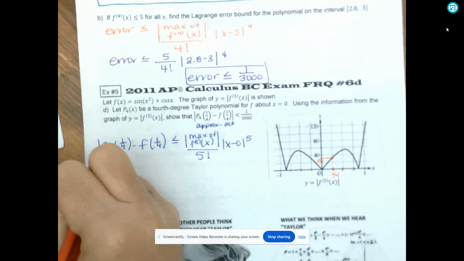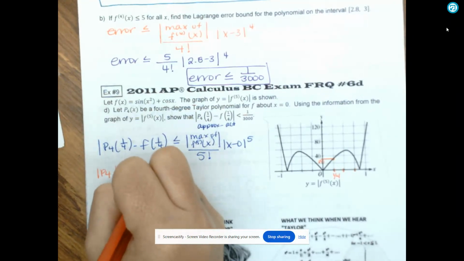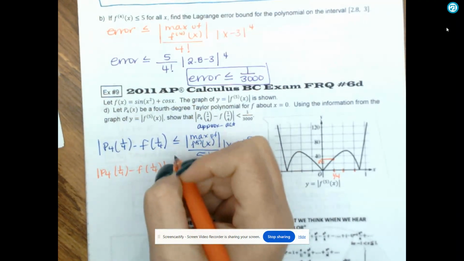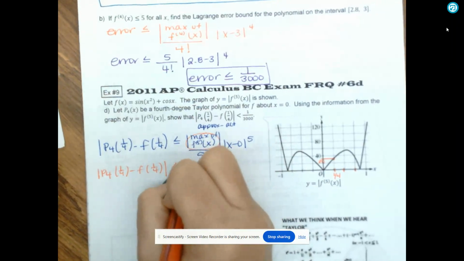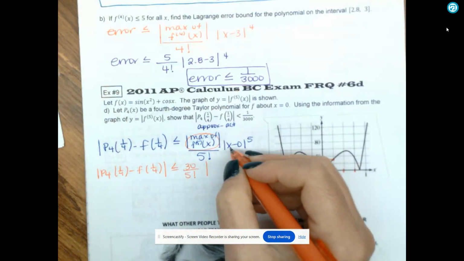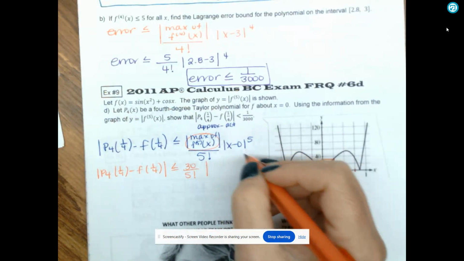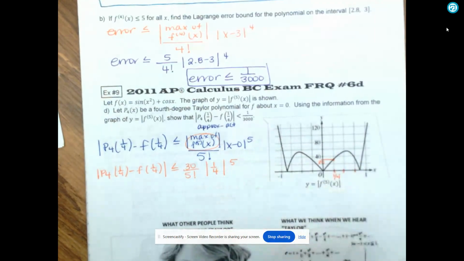That means I can plug that value in for the max of the fifth derivative. So 30 over 5 factorial times the absolute value of our x here, which is 1/4 minus 0, is just 1/4 to the fifth.